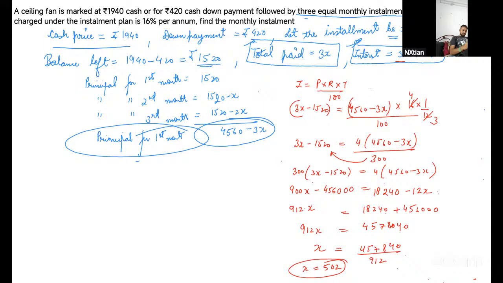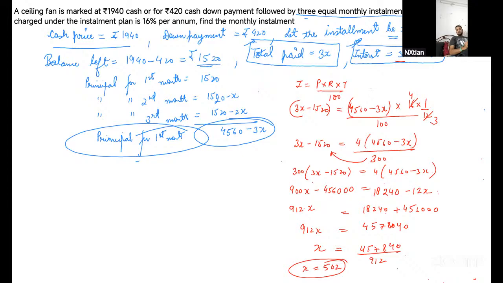I guess ours is correct. Yeah, ours is correct, guys. So this is the correct answer. In the book, it's incorrect. If you check, this will become four, this will become three, become 300, right?